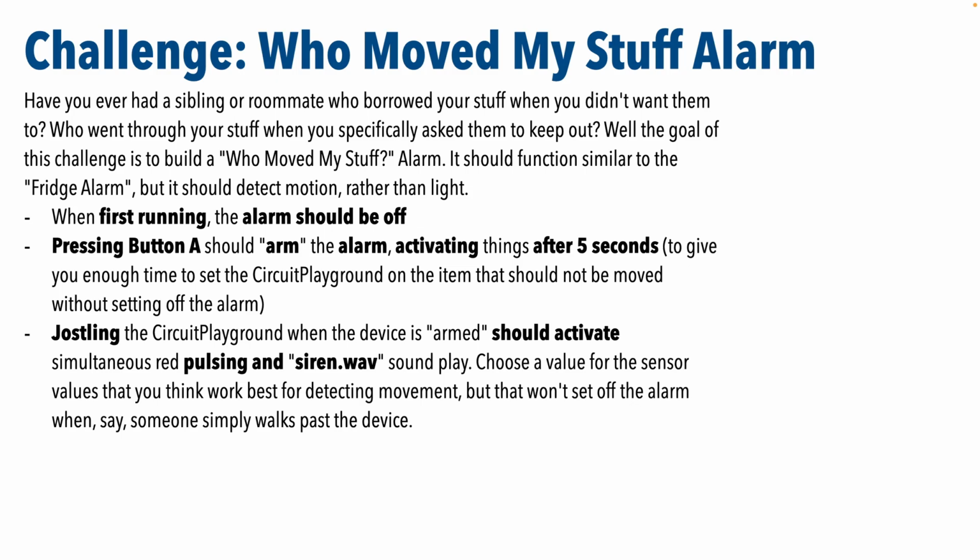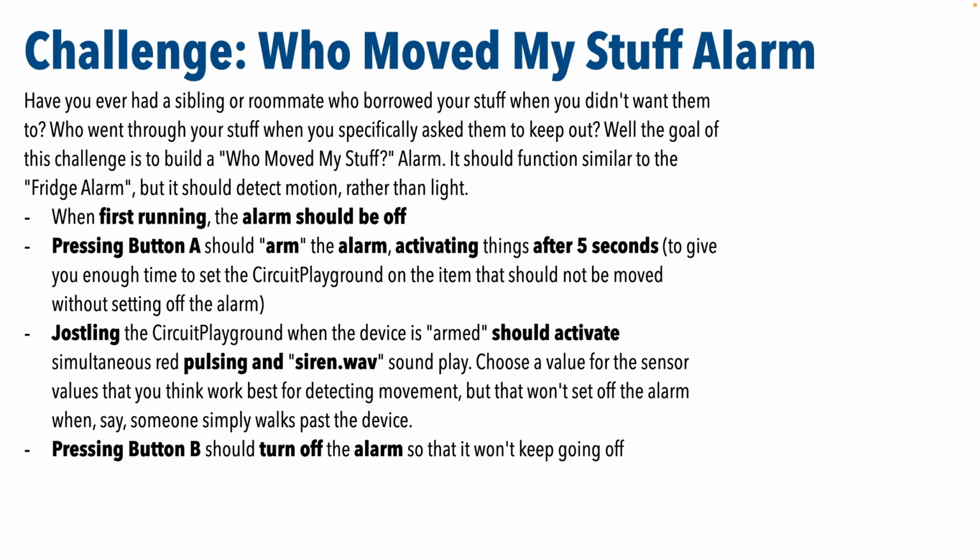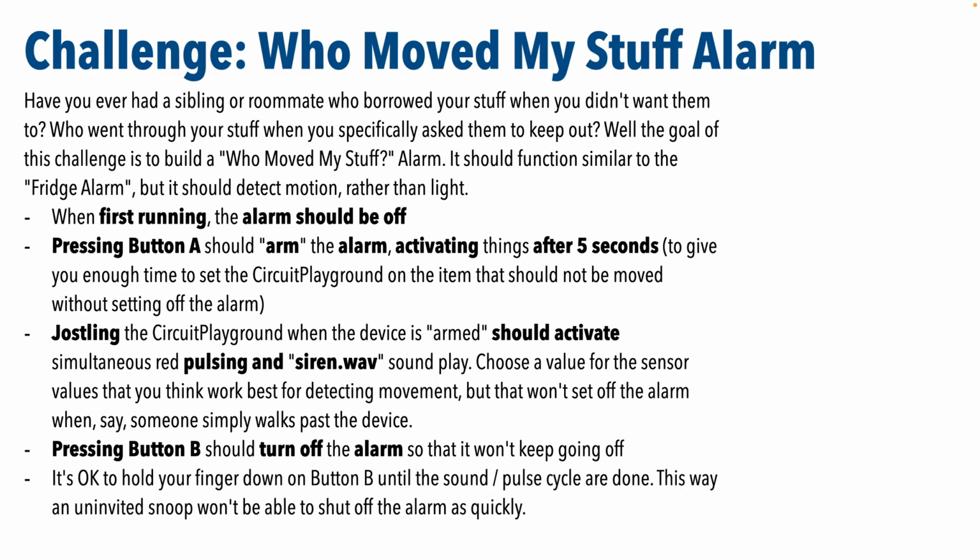Pressing button B should turn off the alarm so that it won't keep going off. And just like with the fridge alarm, it's okay to hold the finger down on button B until the cycle of the sound pulse is done. This way an uninvited snoop won't be able to shut off the alarm so quickly and you can catch the culprit. Save your work as whomovedmystuff.py.